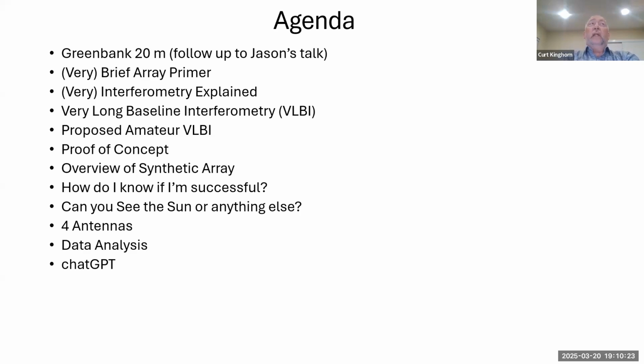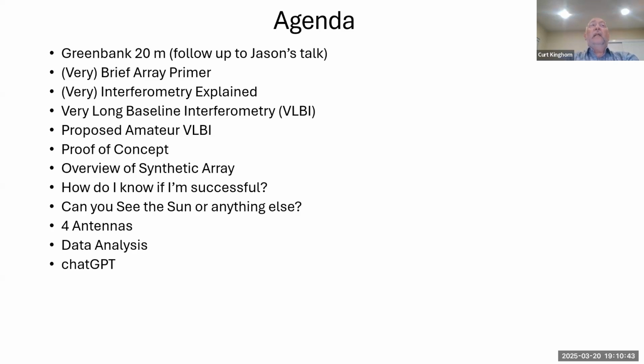Now we're going to take a very, very brief talk about arrays and interferometers. As I said, if you want more on that, plenty of people have done great presentations, and you can get lots of YouTube videos. Some of that's also covered in my talk at Owens Valley 2 years ago.